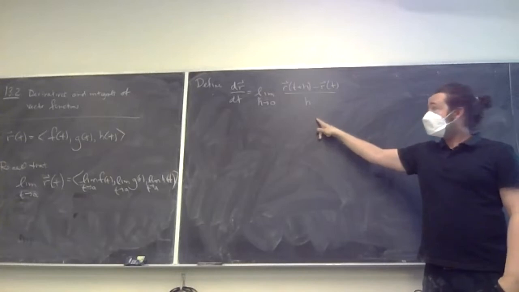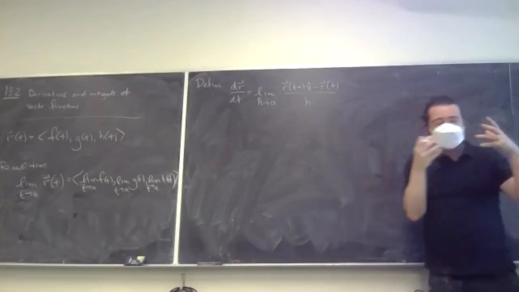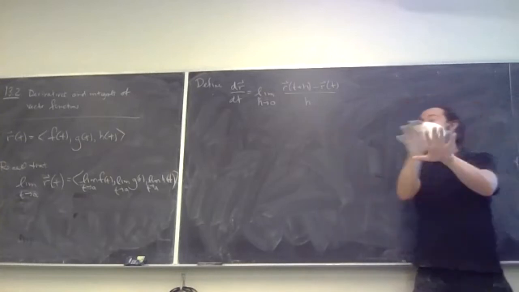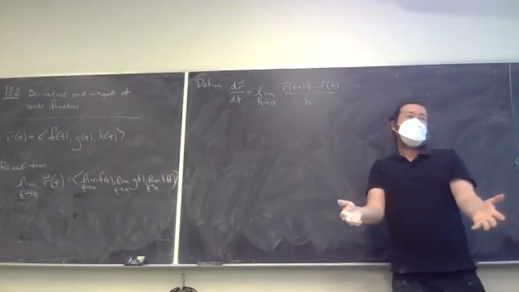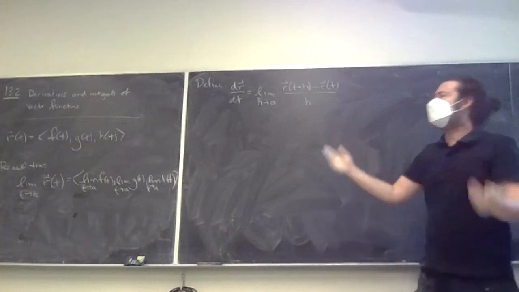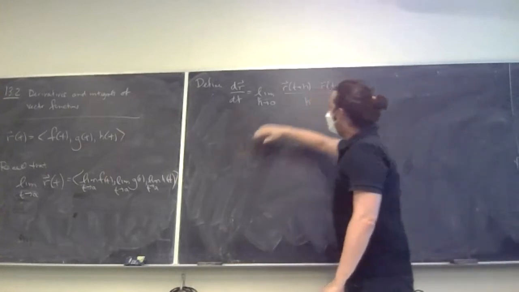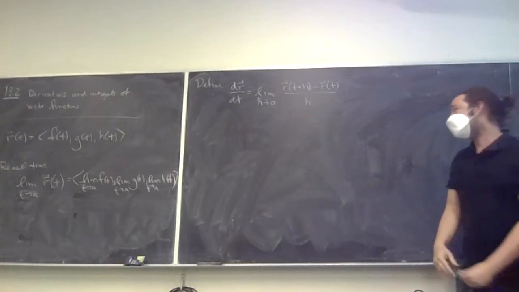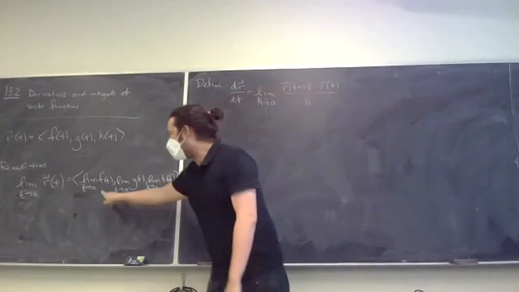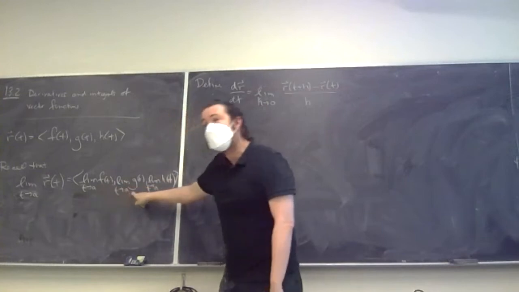This is a meaningful quantity. When somebody writes a derivative on the board, it's not shocking that this is how it's defined. If somebody said, "I'll calculate a derivative for a vector function," you would hope that this was the definition. The reason it's the definition is because it's like the old scalar derivative, but in each component.